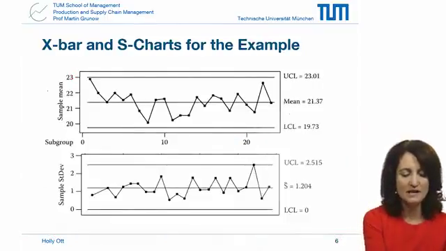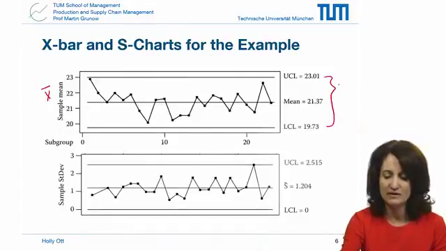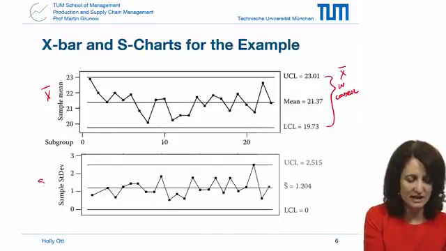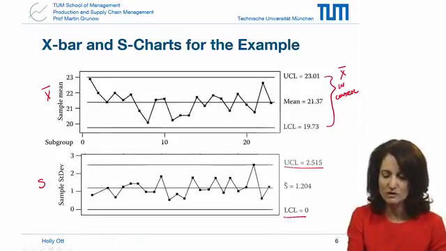So the X-bar chart looks the same. We have the same upper and lower control limits, and everything is in control for the X-bar. For the sample standard deviation, the S chart, what you notice here, well, first of all, upper and lower control limits are different. We're using different formulas for that, but they represent the 3 sigma limits.